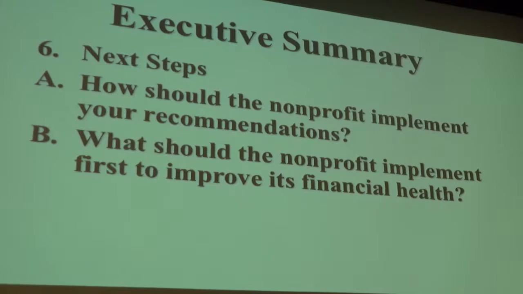So once you provide the recommendation, then you have to provide a discussion on how you go about implementing the recommendations. And you do that by first discussing the primary recommendation, or the primary cause of the problem and how to fix it.